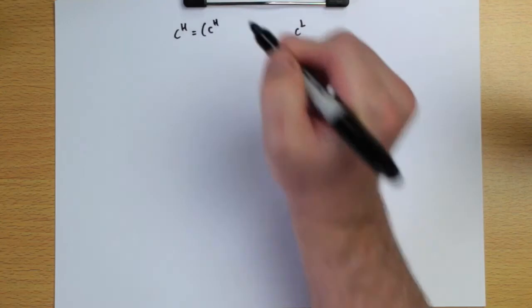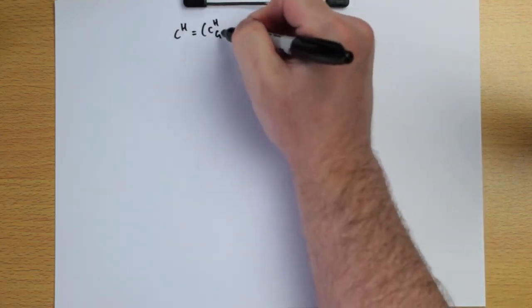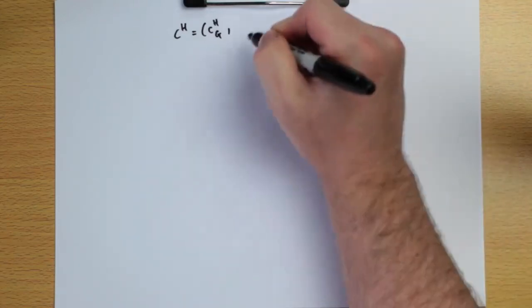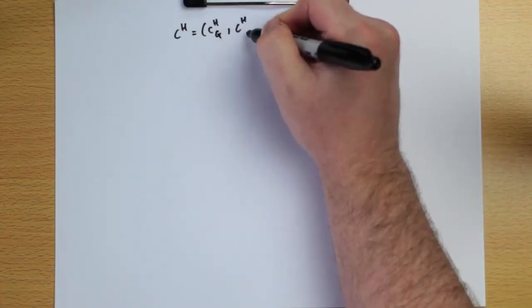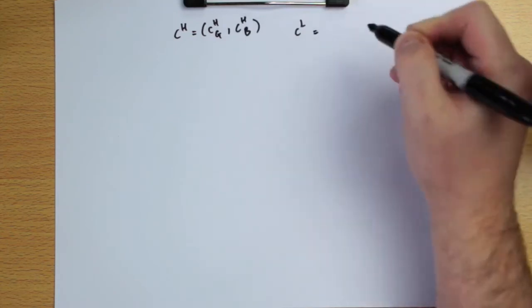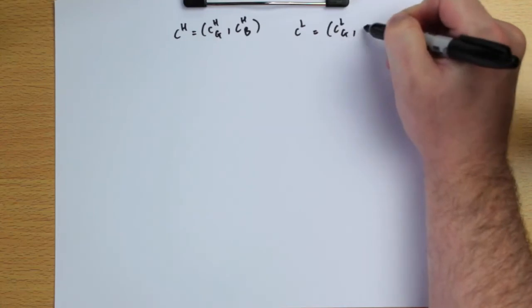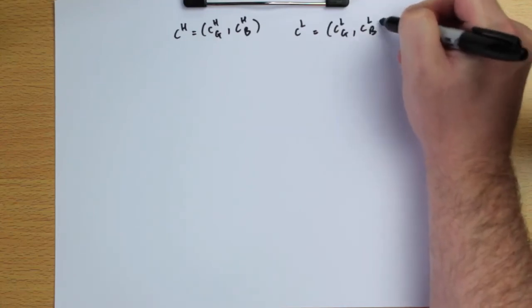Now, remember, these are two-dimensional objects. So the contract CH has CHG in the good state and CHB in the bad state. And the contract CL similarly has a good state level and a bad state level.